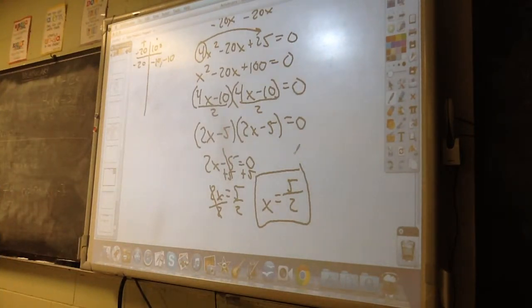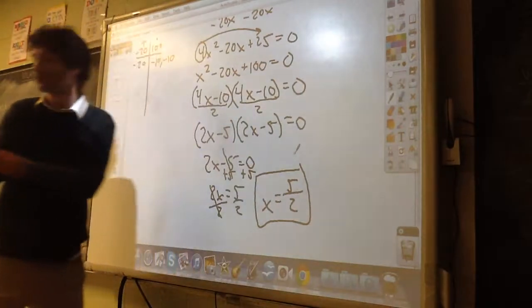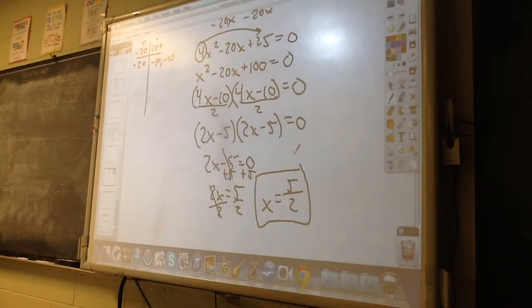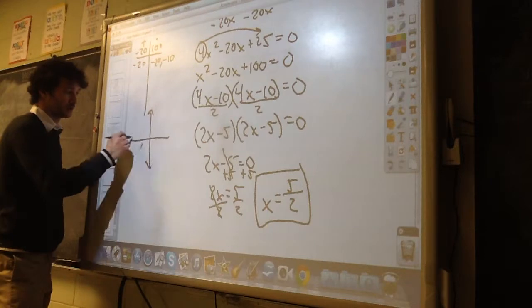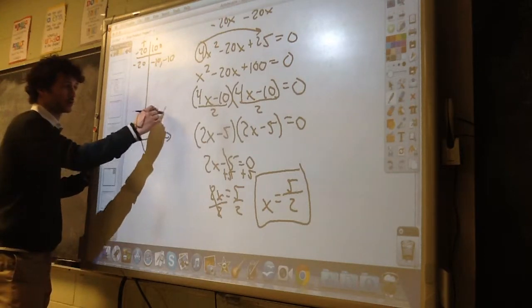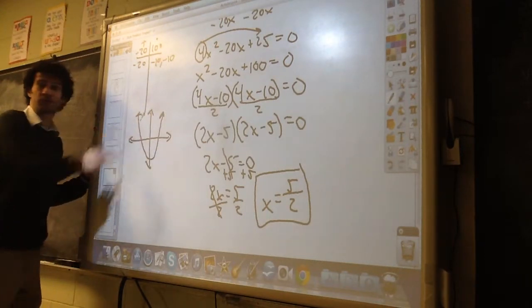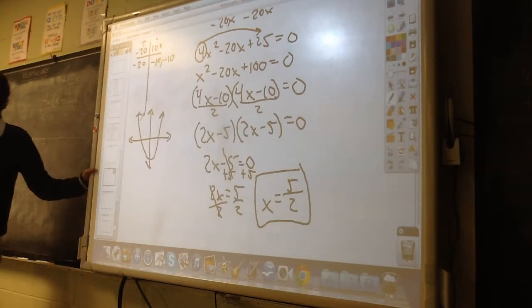Here's why this only has one answer and the others have had 2. Remember that I said solutions was a synonym for zeros, but importantly, a synonym for x-intercepts. So here's what that means. Every other problem that we've worked so far today has been a parabola that looks like this, and it crosses the x-axis in two places, and that's why there's two answers.